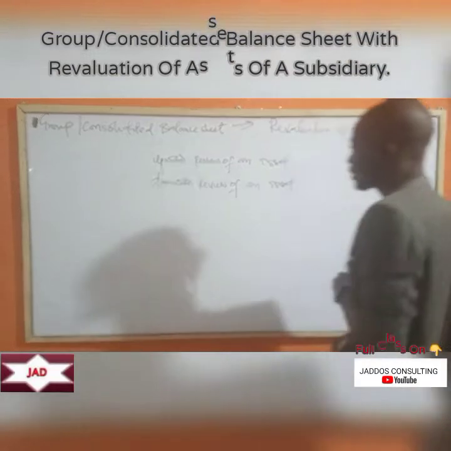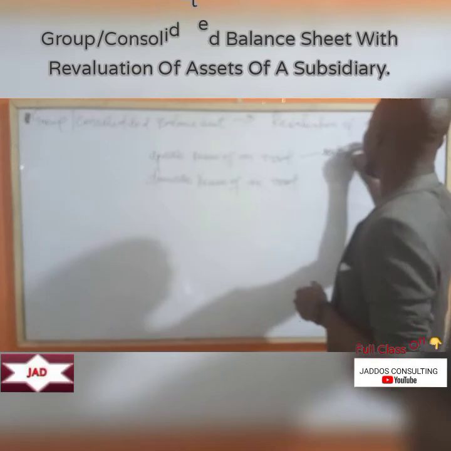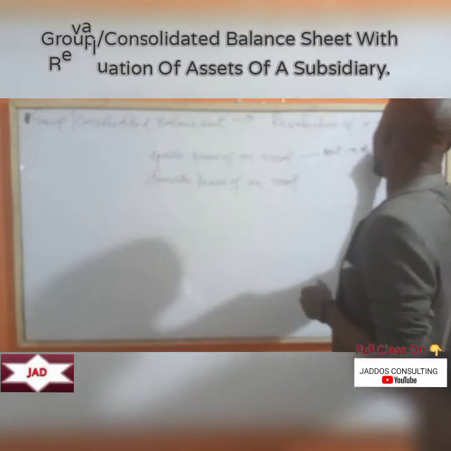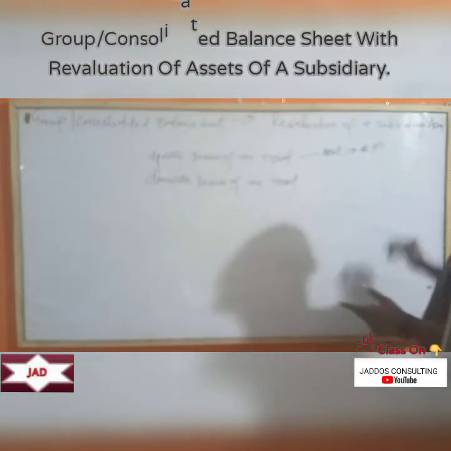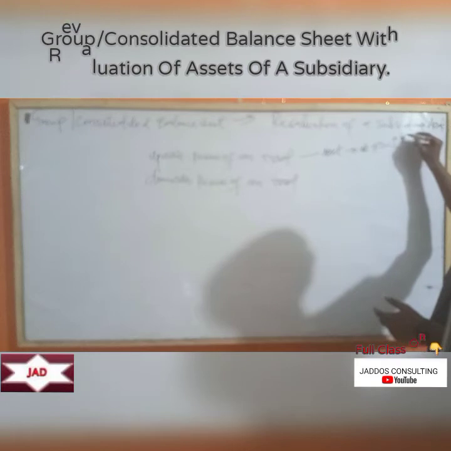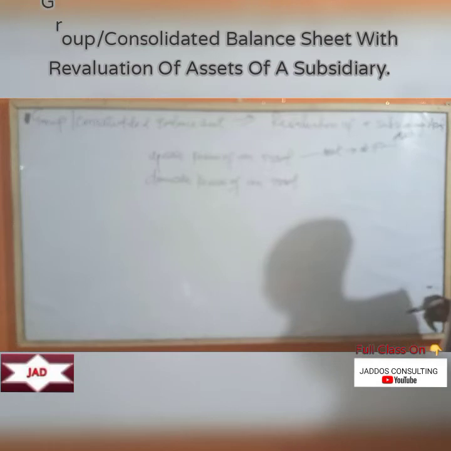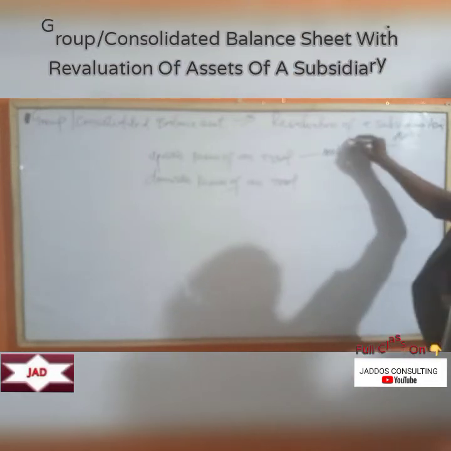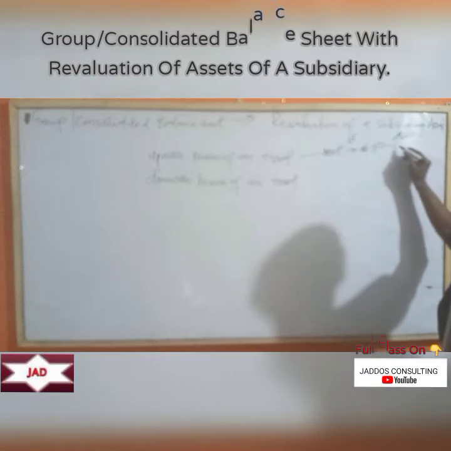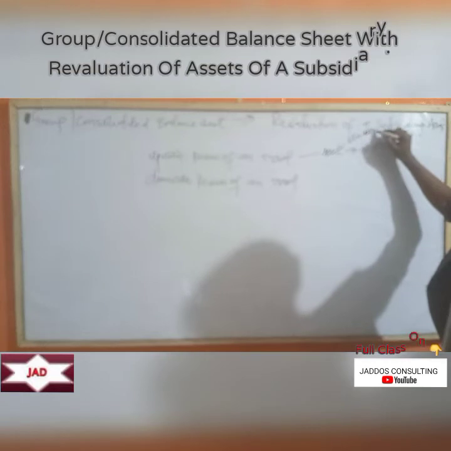So what we're saying is this. Let's say an asset is 500 naira. For some reasons, you can review upward to 600. That's upward review. So the asset here increases, which is a debit of 100 naira.